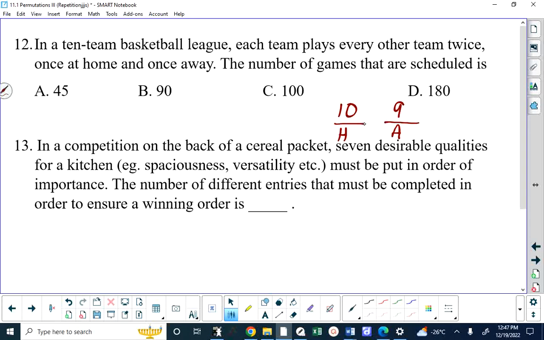Which means order of the arrangements matters, which means 10P2. Which is the other thing we talked about. We formalized the idea of arranging a certain number of items in groups that are smaller than the total amount available in the pool. And if you check out 10P2, you're going to get 90.